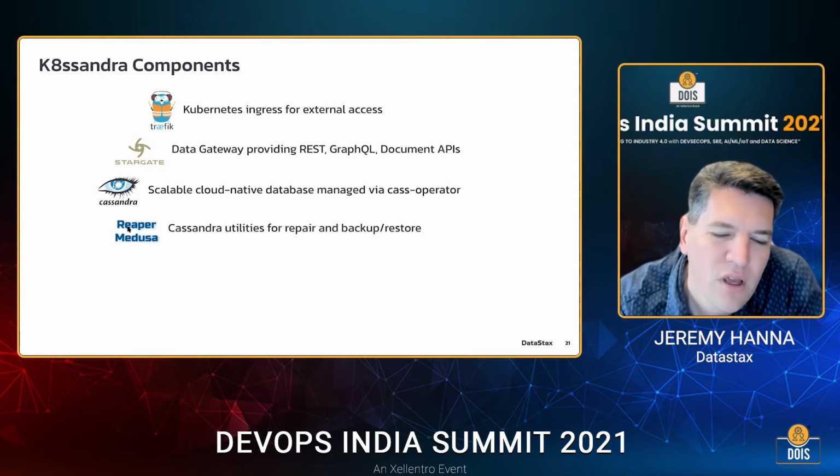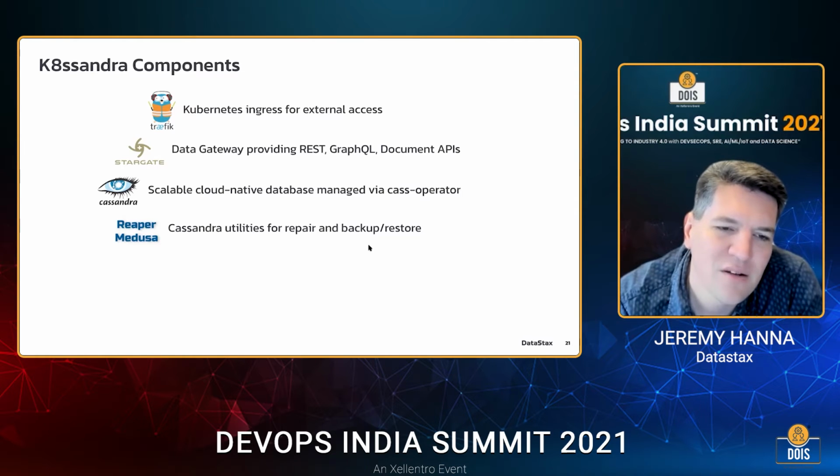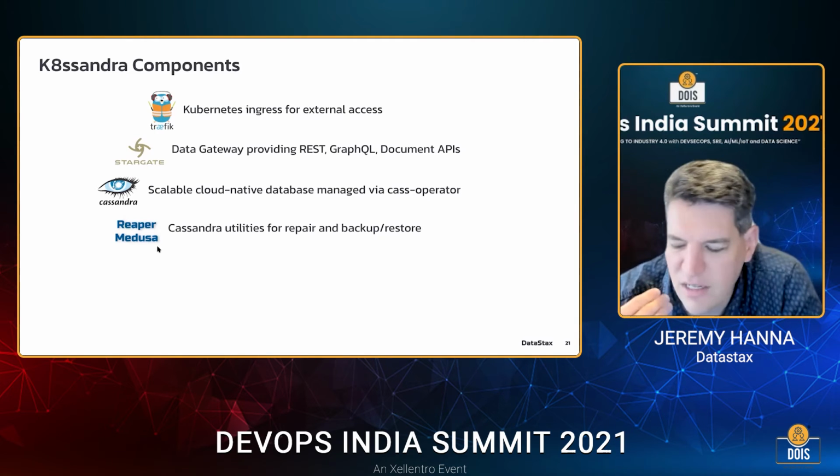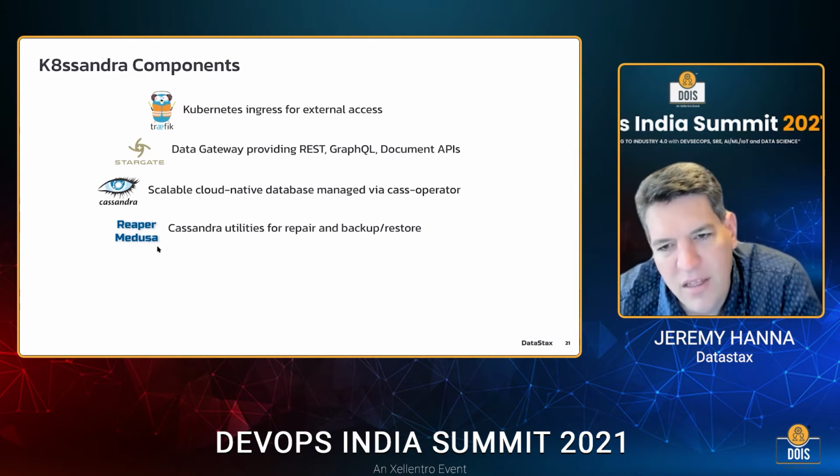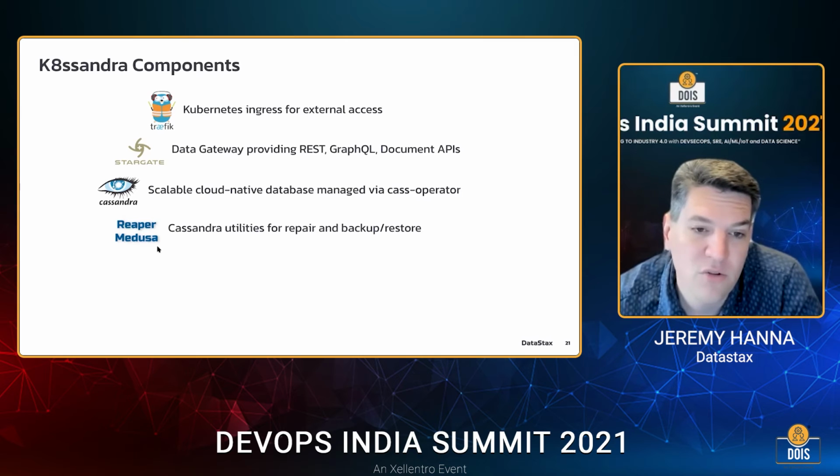And so Reaper is a tool that's built into K8ssandra that keeps data in sync for you. And of course, if you have a data system, you probably want to do snapshot backup and restore. That's what Medusa does. It goes out and does a consistent backup and then sends that back to the object storage.